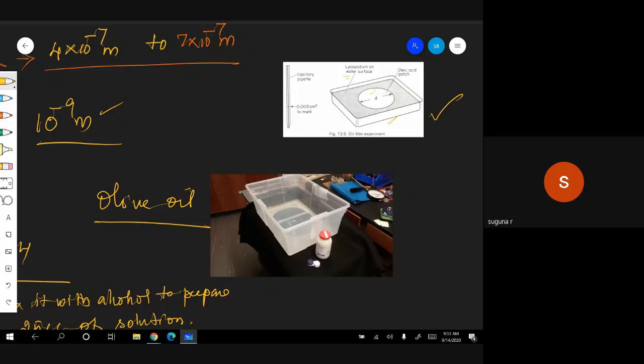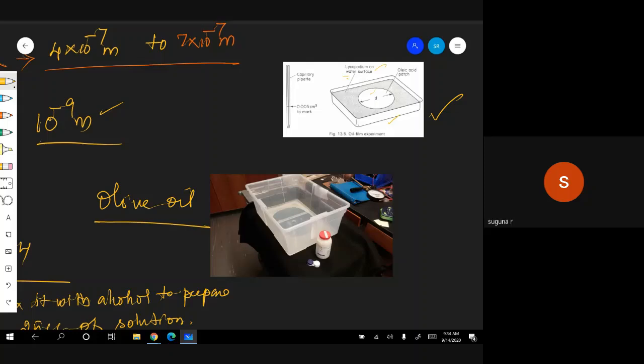The oleic acid is in solution, mixed with alcohol. On the yellow lycopodium surface you pour, and once you pour, the solution immediately spreads on the water surface. Once it spreads, approximately it will be circular in shape.